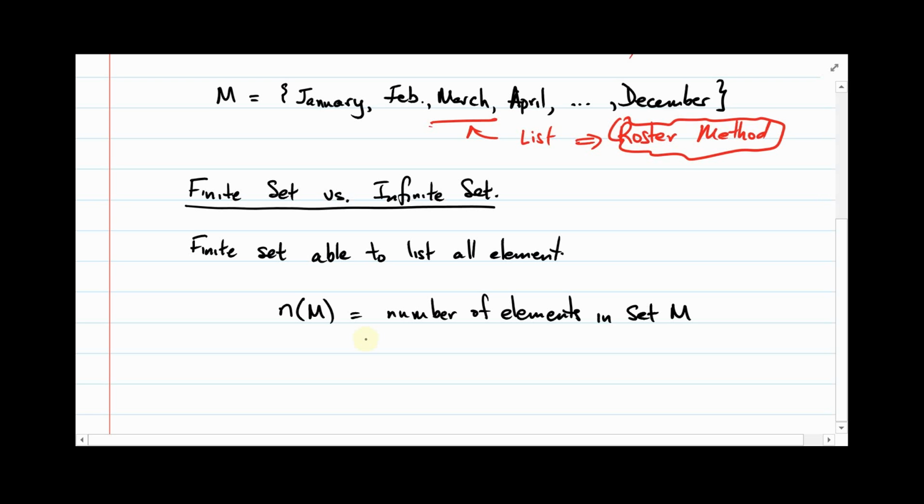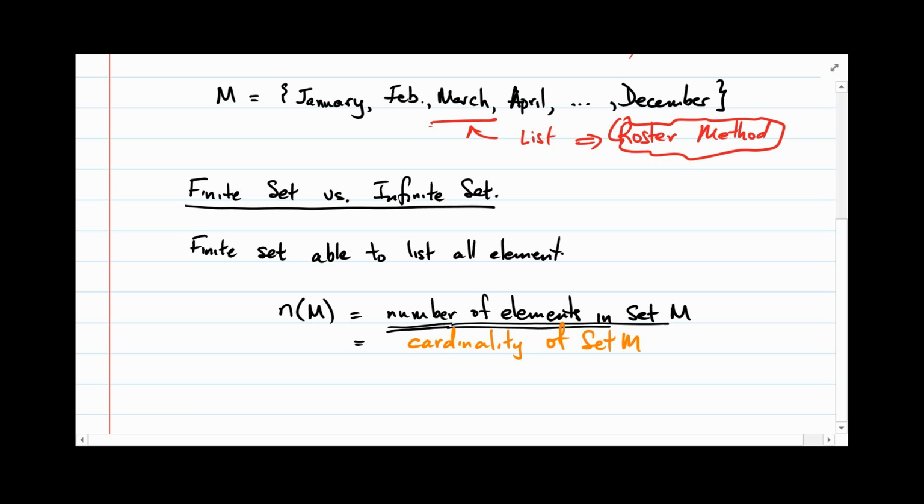Or another way you sometimes hear or see the word, the cardinality of set M. As we go through, I will more than likely use the simpler language rather than the cardinality, but be aware that you can see either words.